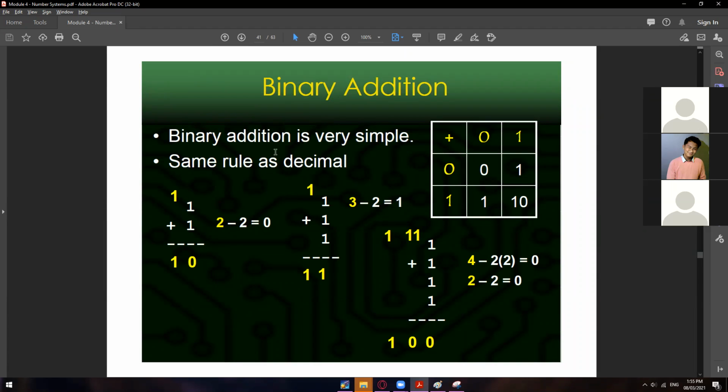In binary addition, this is actually very simple. Same rule as a decimal. Okay.